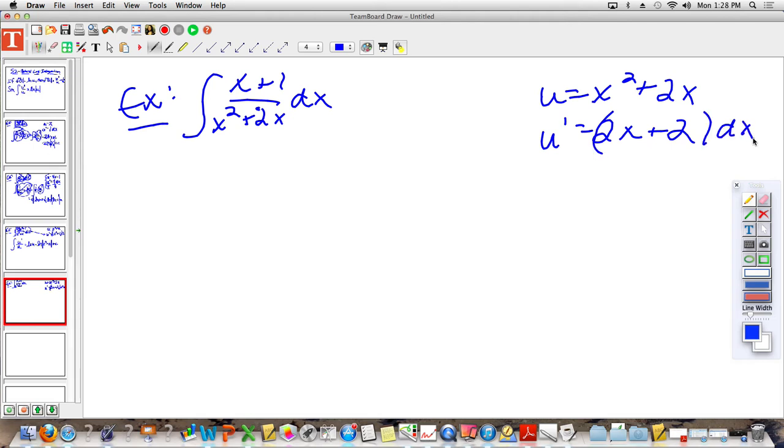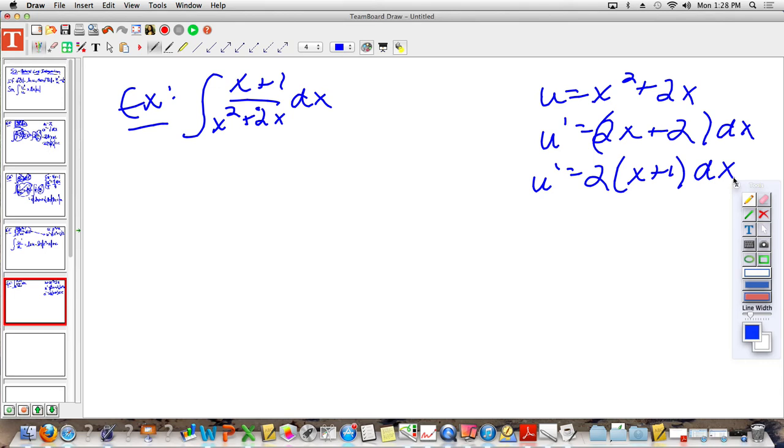Does that match what I have over here? It does not match. I have an x plus 1 over there. Over here I have a 2x plus 2. But you could write u prime as 2 times x plus 1 dx. I don't think that's hard to recognize, that you could factor something out and have it look like the numerator.